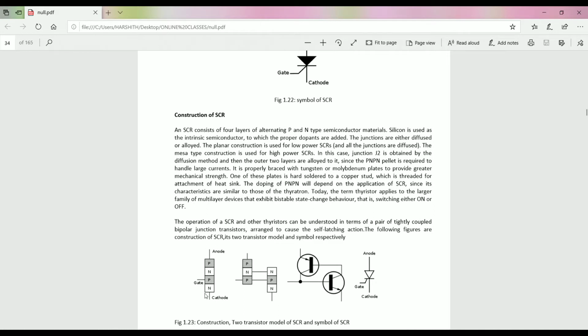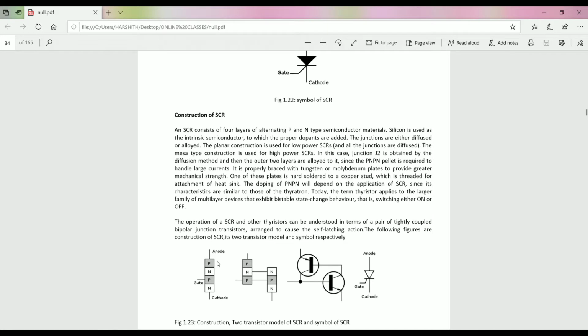To make it on, current is to be passed through the gate terminal, denoted as IGT, the current in the gate terminal. Thus, it is a current operated device. Since current is produced, that is the current operated device.